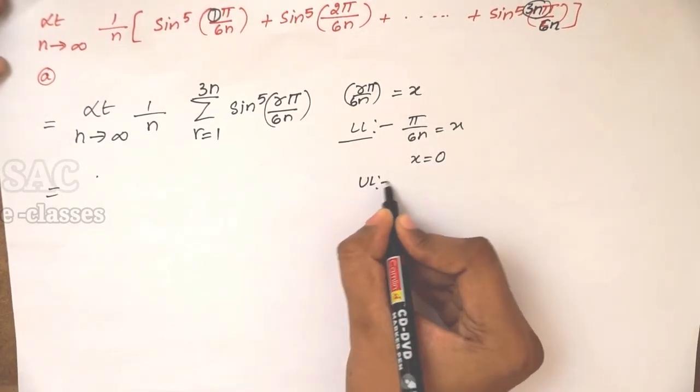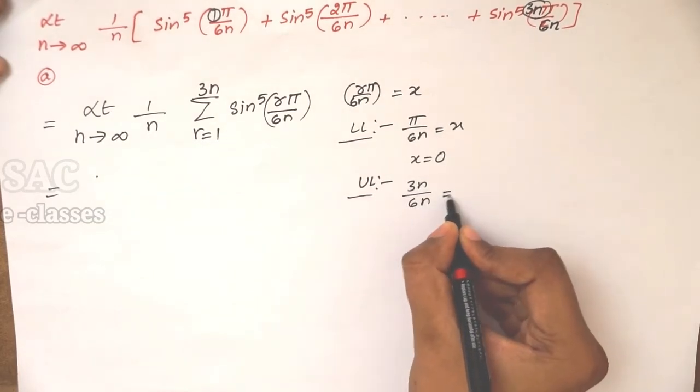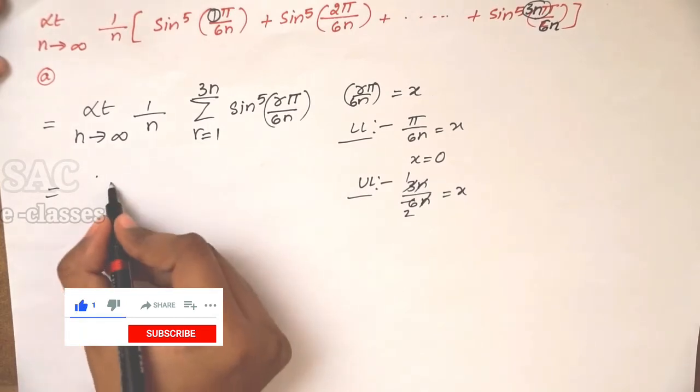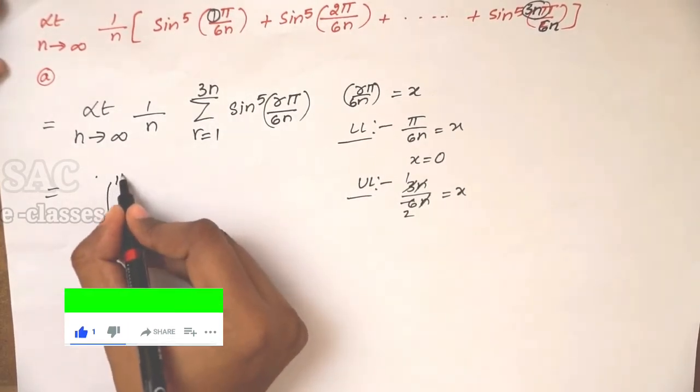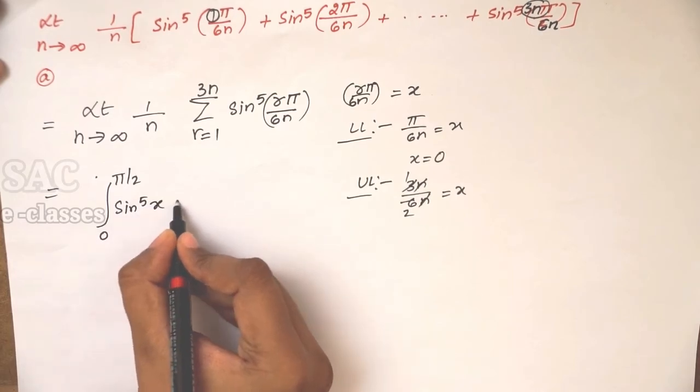The upper limit is 3n by 6n equal to x, n cancels one time and 2 time. So the limit is 0 to pi by 2 sin power 5x dx.